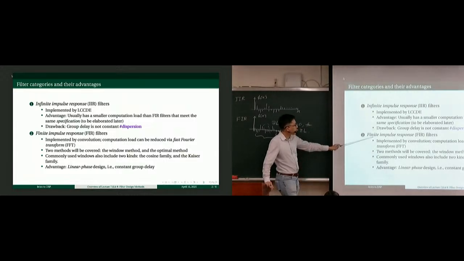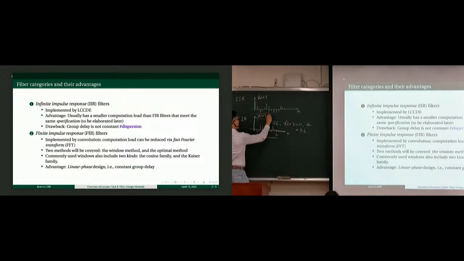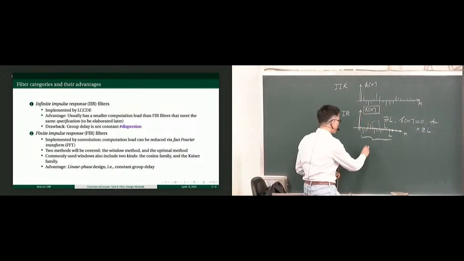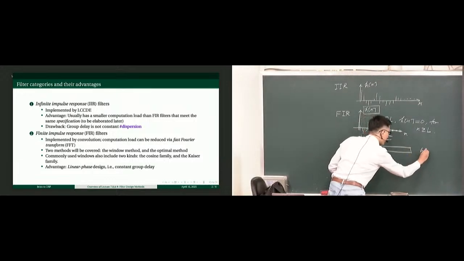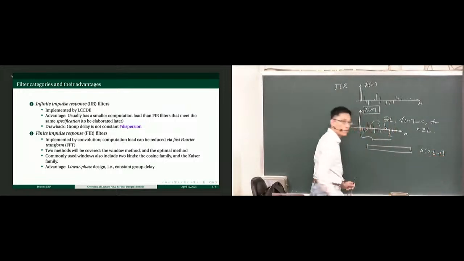Whereas for an FIR filter, which has a finite impulse response, practically you would store all the sample values, say h of 0 all the way to L minus 1 in MATLAB syntax.